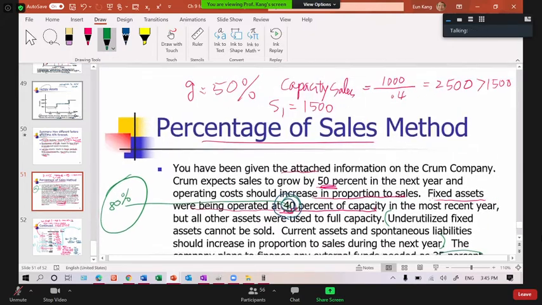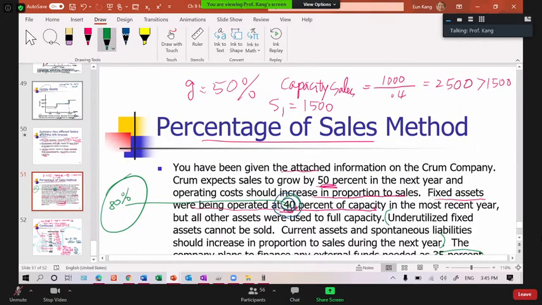Then you have to use capacity sales equals 1,000 over 0.8. Then what? 1250, I guess. So, but that is less than S1, which is 1500, right?